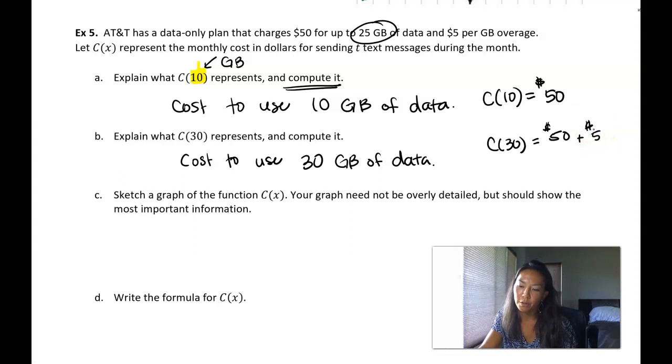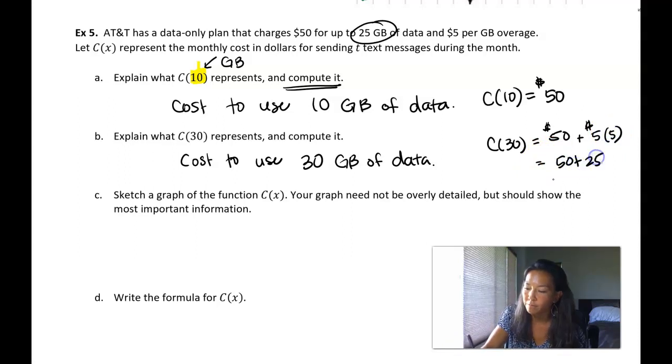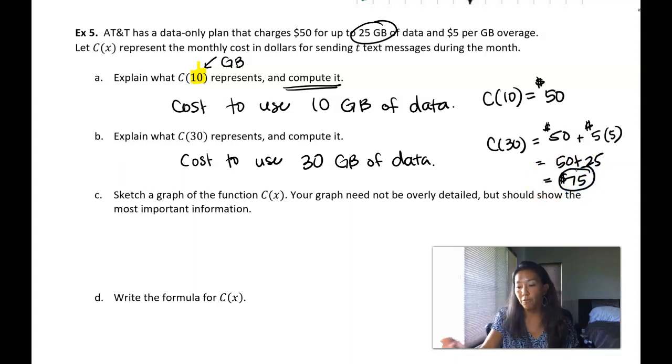Because it's per gigabyte over. Oh, how much over am I going? Looks like I'm going 5 gigabytes over. So I got to times it by 5. So this is going to be 50 plus 25. So instead of paying $50 that month, I went 5 gigabytes over, so I got to pay $75.